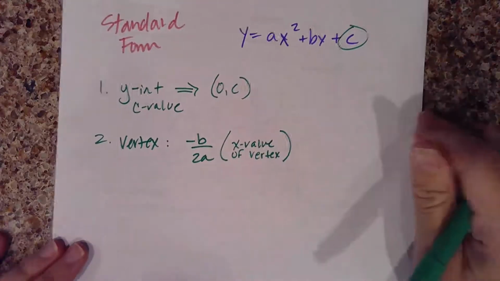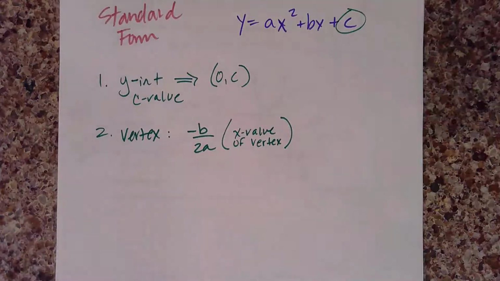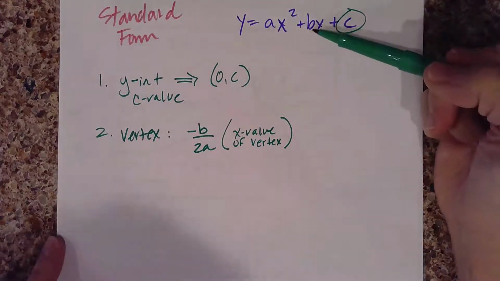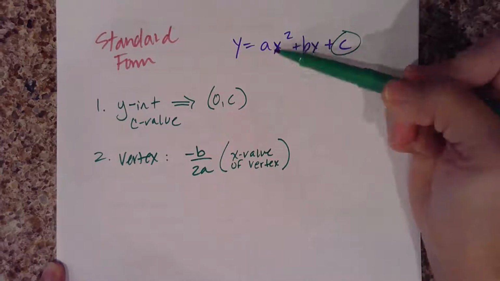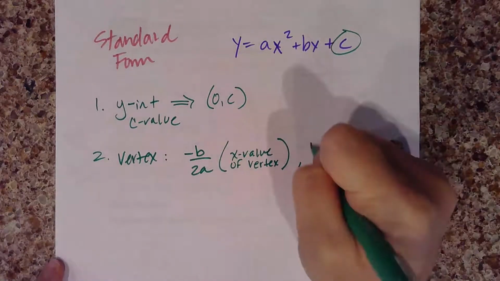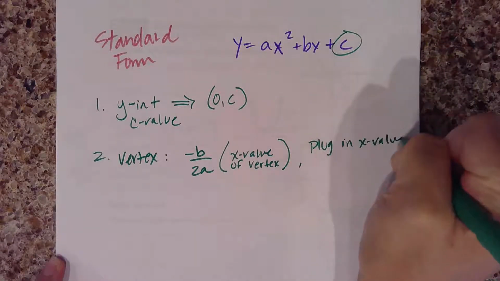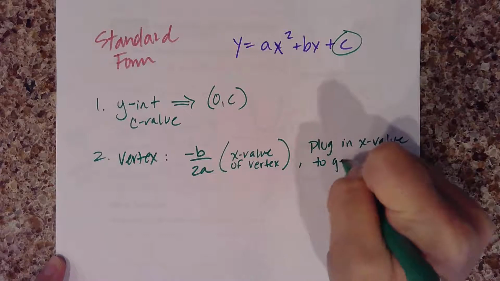So what you're doing here is whatever -b divided by 2 times a gives you is the x value. Once you know your x value, then you plug your x value back into your equation to get the y value.